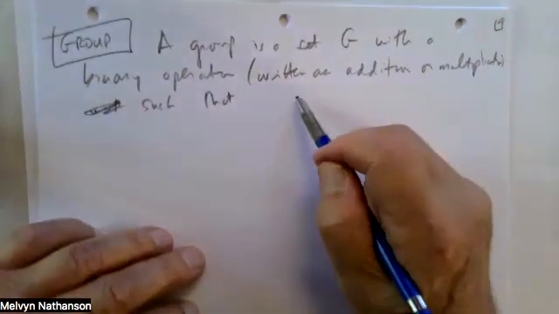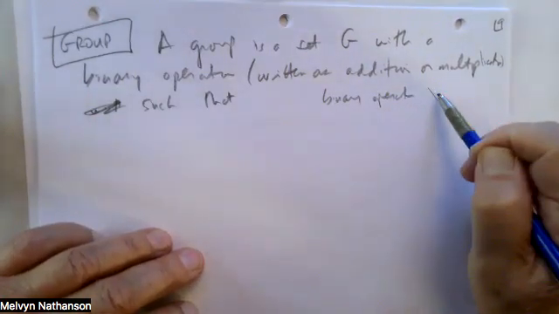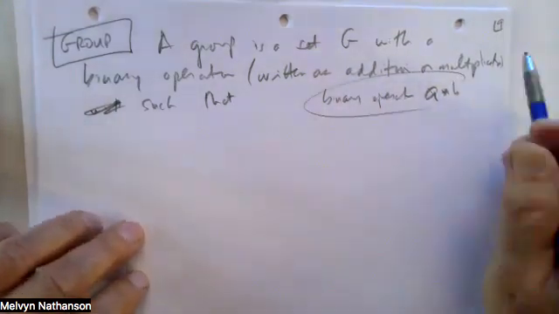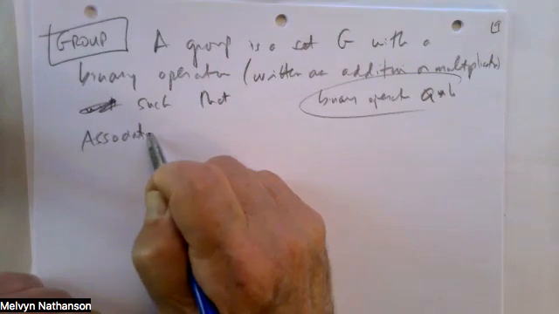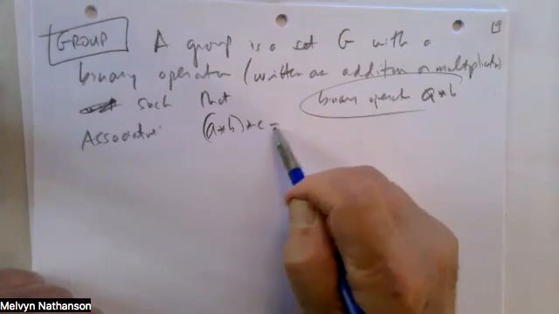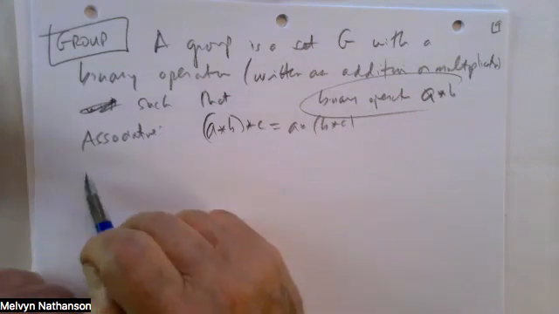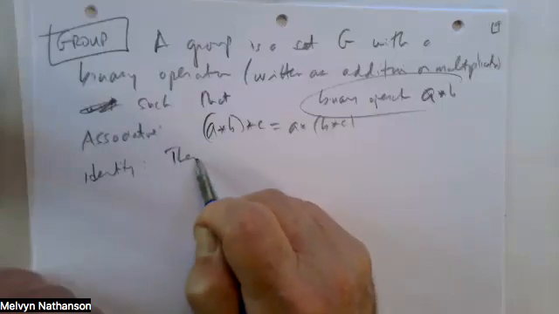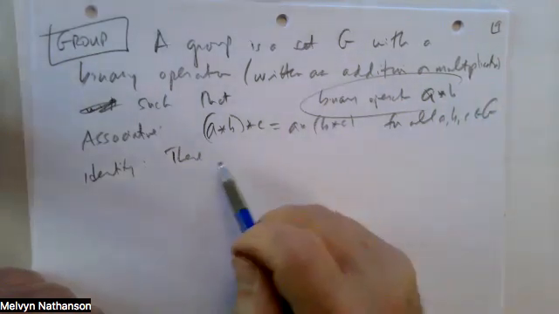I'll just use a symbol star for the binary operation, A star B. This could be plus or times or whatever, but it's associative. So A times B times C is the same as A times B times C. This is for all A, B, and C in the group.